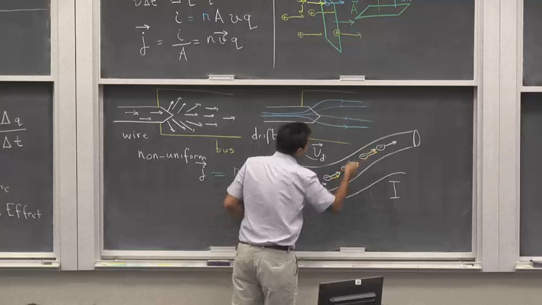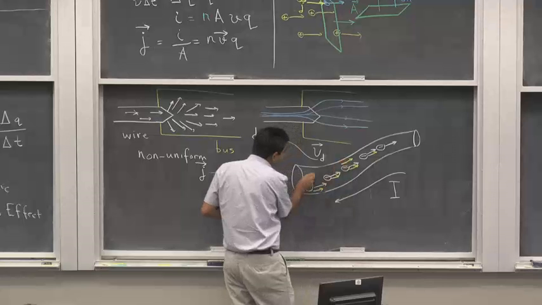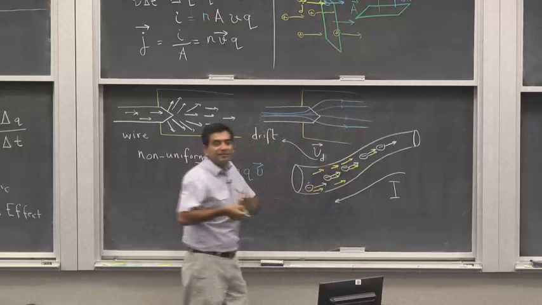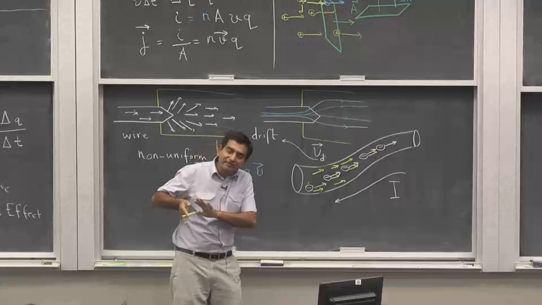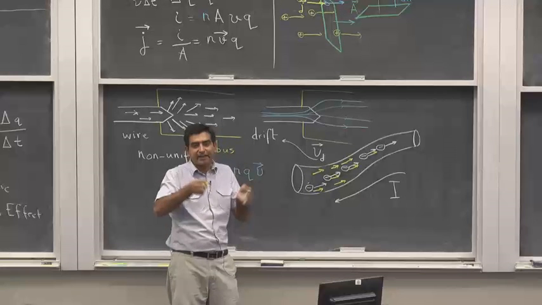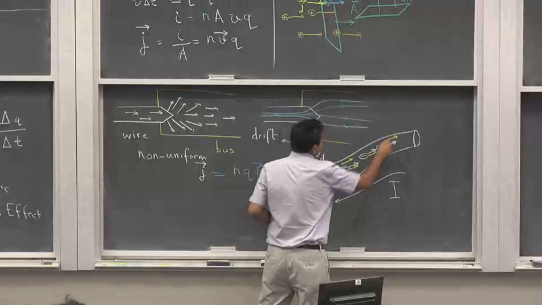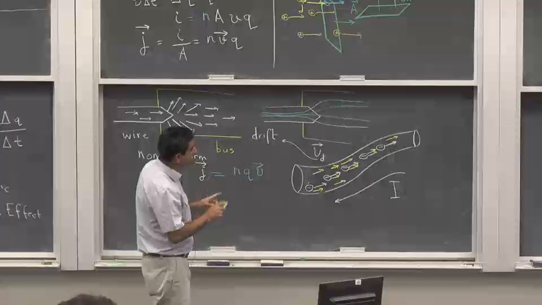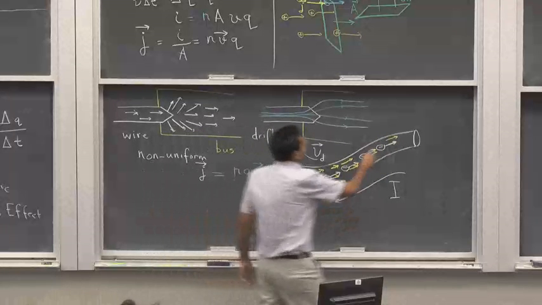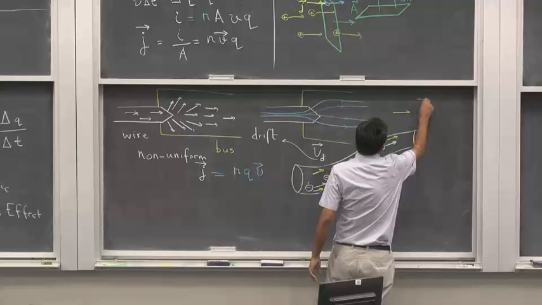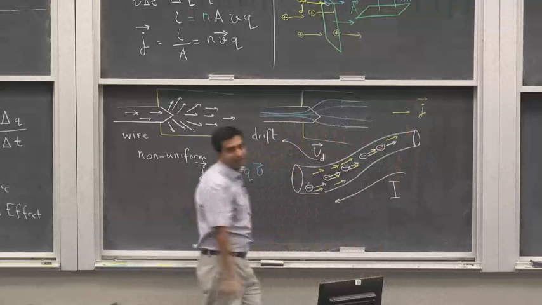At each of these points there is a J vector, which corresponds to the charge carriers moving with a certain velocity at that point. So there is a v_d at every point, and there's a J at every point. I'm representing these current densities by J.